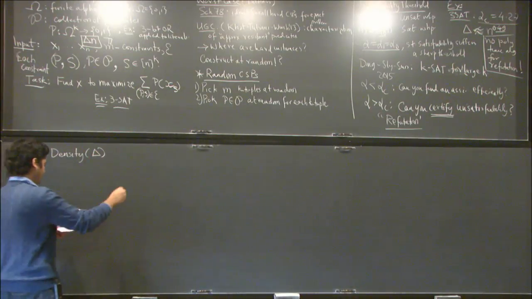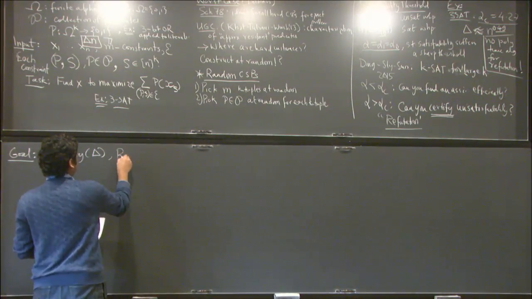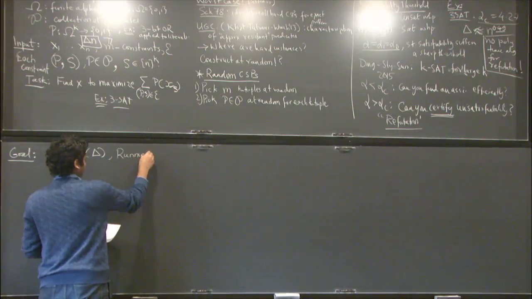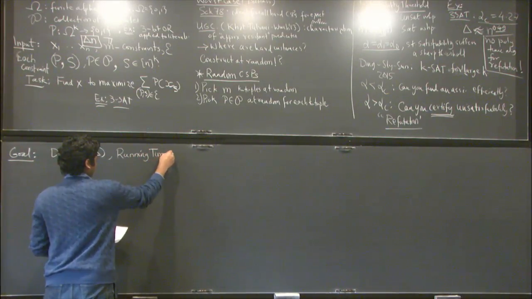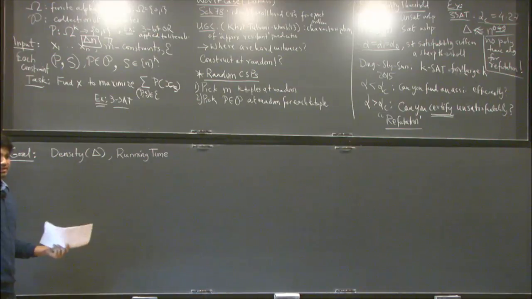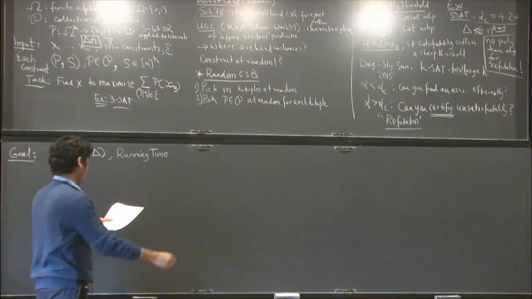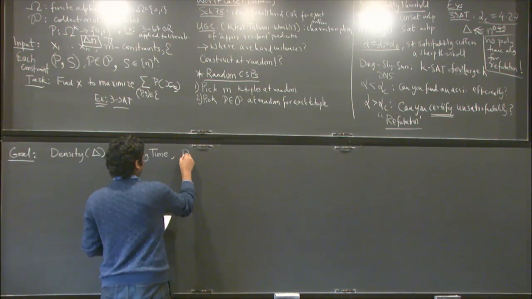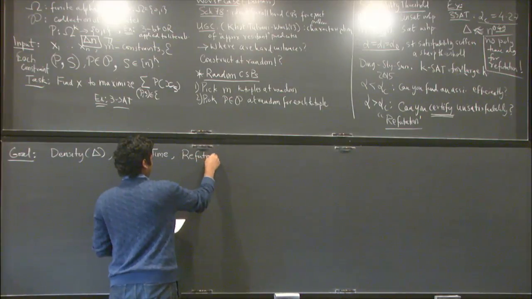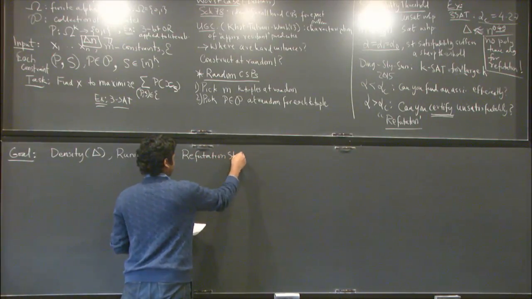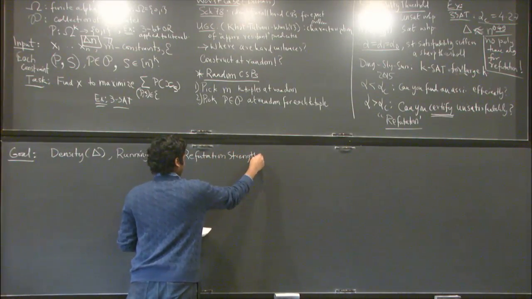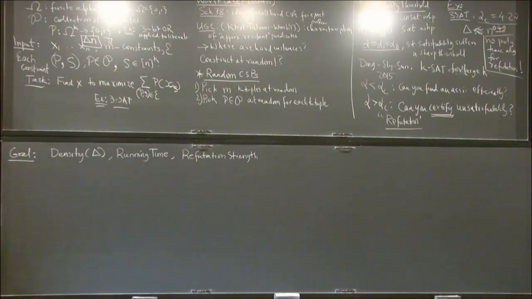Then there is the running time: how much time does it take to find a certificate? And there is a third parameter, the refutation strength. Let me tell you what these parameters are and why we should care.